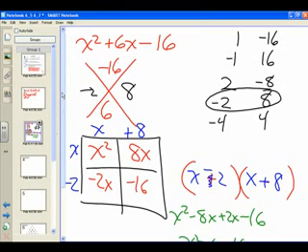But anytime you have a negative on the last term, whether this one's positive or negative, the answer is going to be a negative and a positive. So in other words, if the last term is positive, they're either going to be both negative or both positive. If the last term is negative, you're going to have one of each. It's just a hint on how we have to solve the problem.